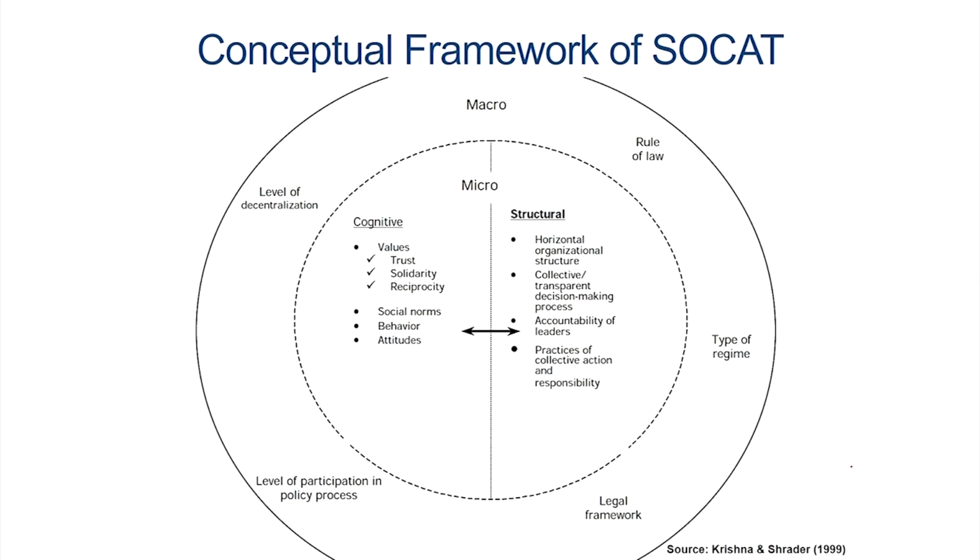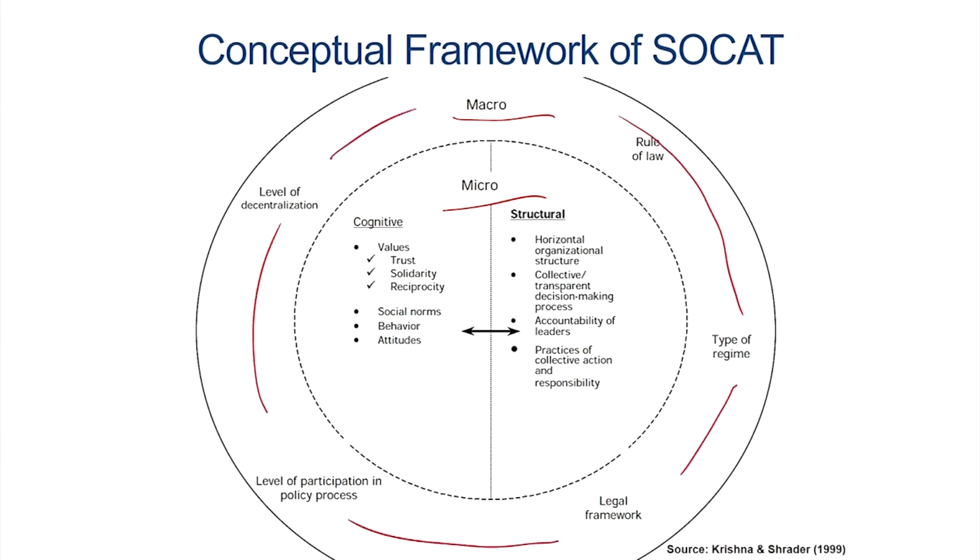The macro level refers to the institutional context in which organizations operate, and this macro level includes formal relationships and structures such as the rules of law, legal frameworks, political regime, level of decentralization and the level of participation in the policy formulation process.